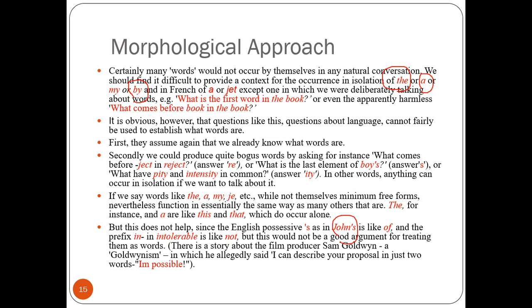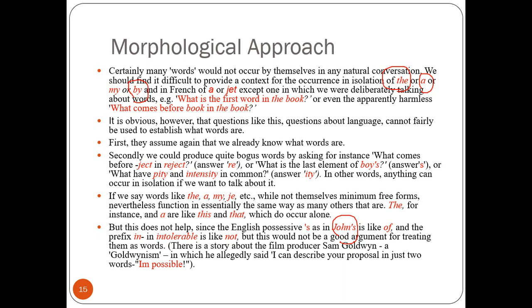But the issue is that "in" does not occur in isolation. And likewise, the film producer Sam Goldwyn once said that he could describe your proposal in just two words: "impossible." Look at this example, which is taken from a story.